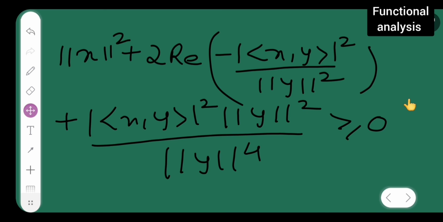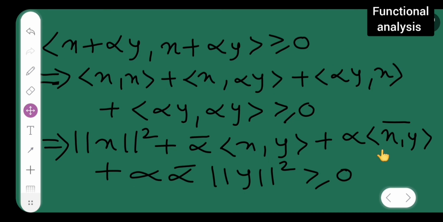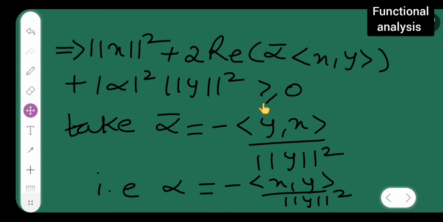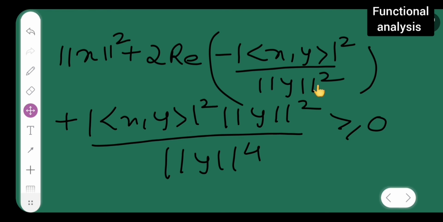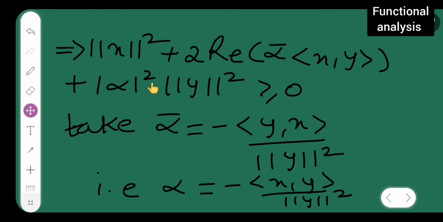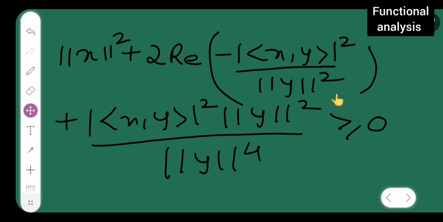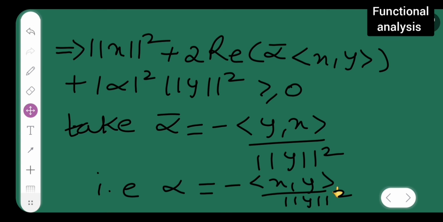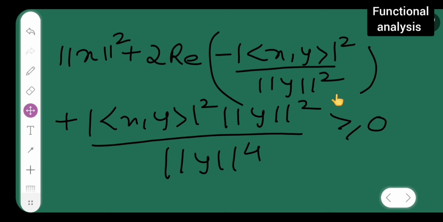So why have I done this raised to power 4? Because it is modulus of alpha the whole square, so the square applies to both. When I substitute this value, alpha appears in both, so it was 2 before, but with the square it becomes power 4 over here.